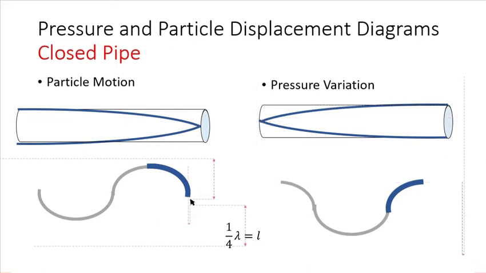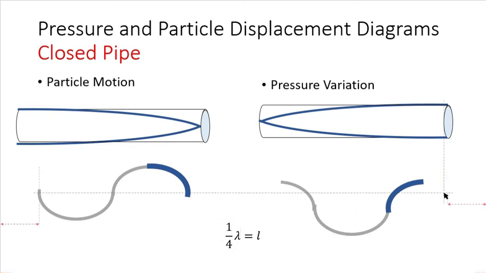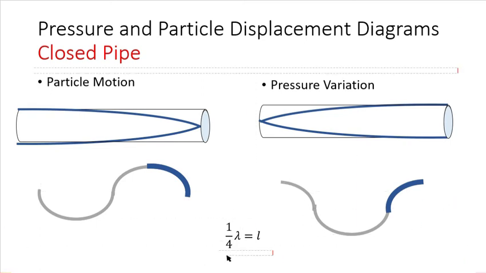And you can see they're equivalent sine waves, and they both say the same thing. They're just represented differently. They're still a quarter of a wavelength, and they still relate that quarter of a wavelength to the length of the pipe for the fundamental frequency.